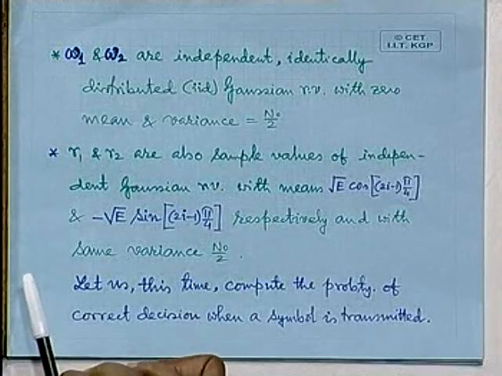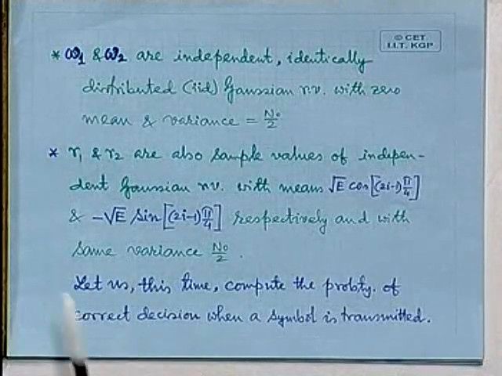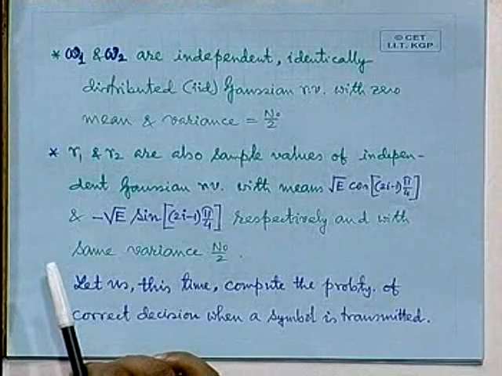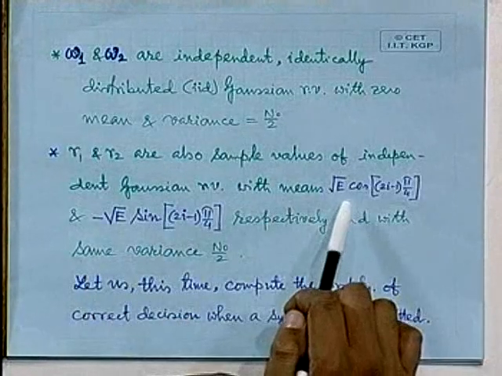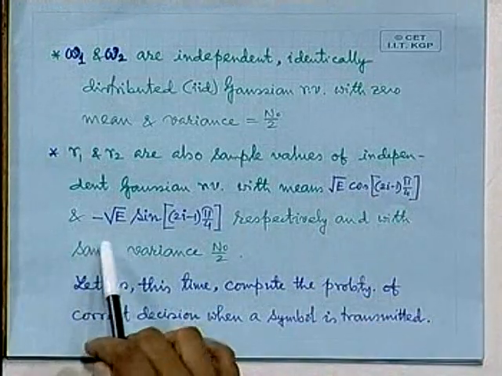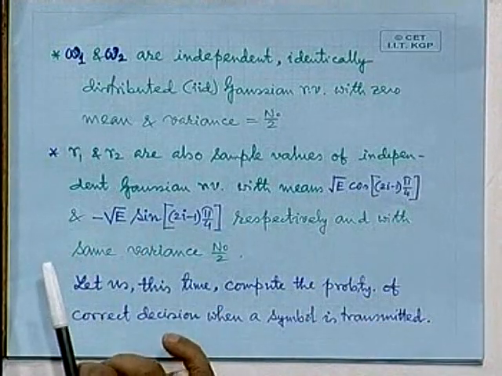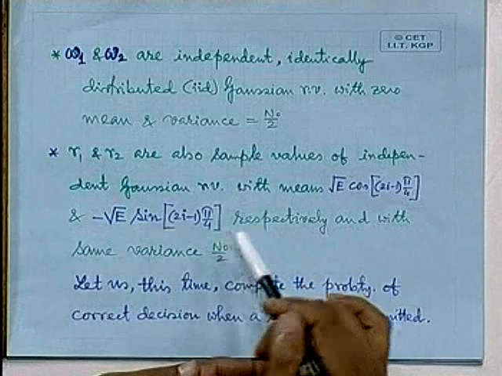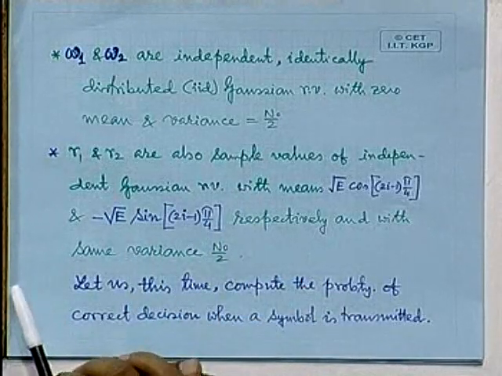If I know the transmitted signal, I know the corresponding mean of R1 and of R2. And the variance is going to be dictated by the variance of the noise components W1 and W2. So, R1 and R2 are Gaussian distributed random variables with means root E cos 2I minus 1 pi by 4 and root E sin 2I minus 1 pi by 4, and both of them have the same variance of n naught by 2.